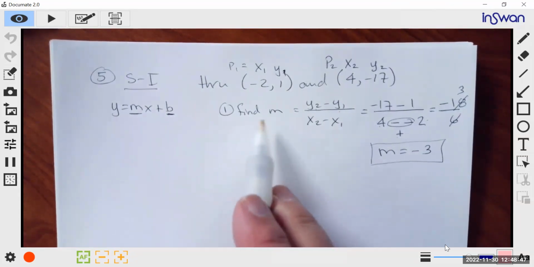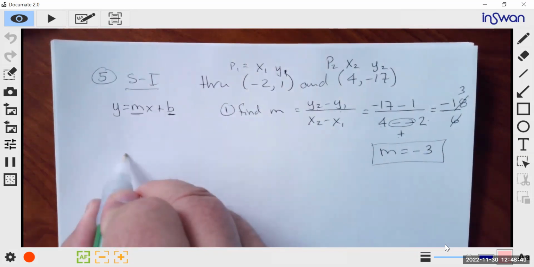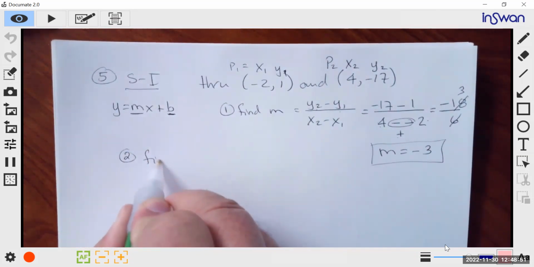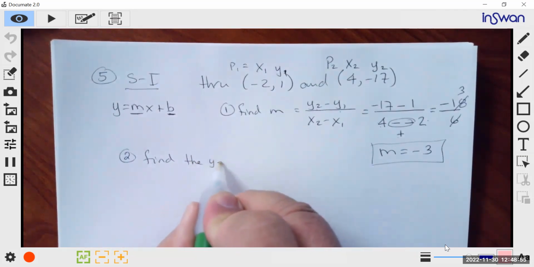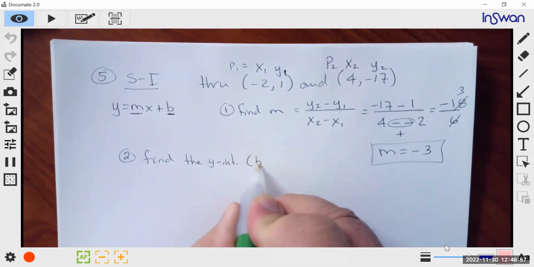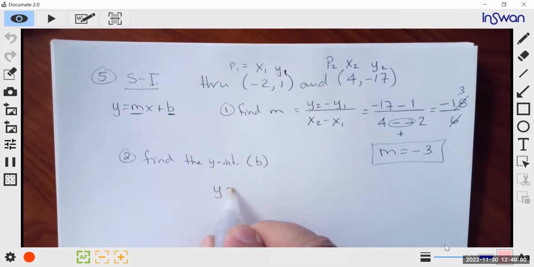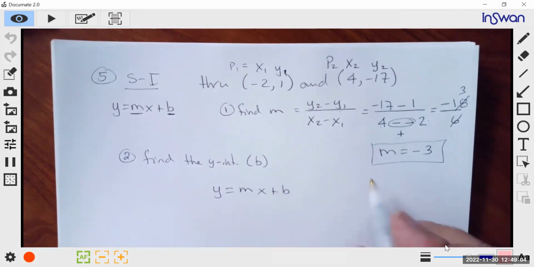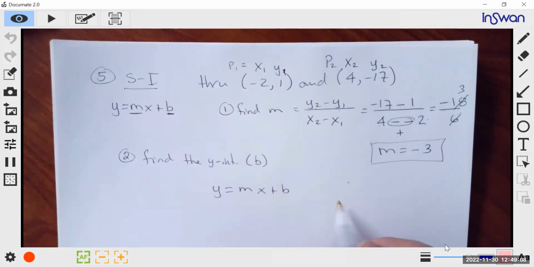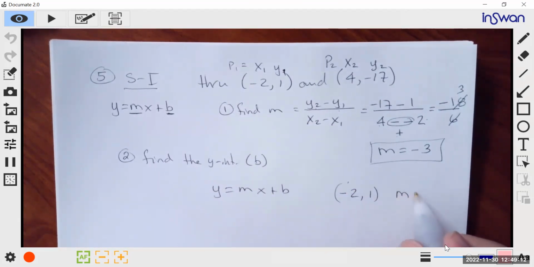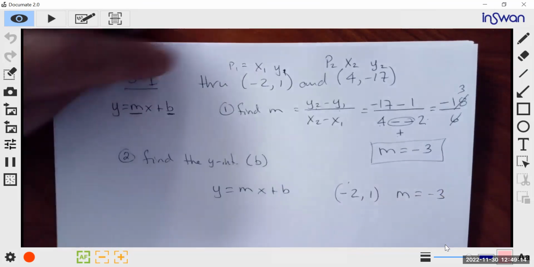So that was step 1, finding your slope. Step 2, find the y-intercept b, using the same equation. We pick either one of the 2 points, so let's pick the smaller one, -2, 1. And the slope is -3.